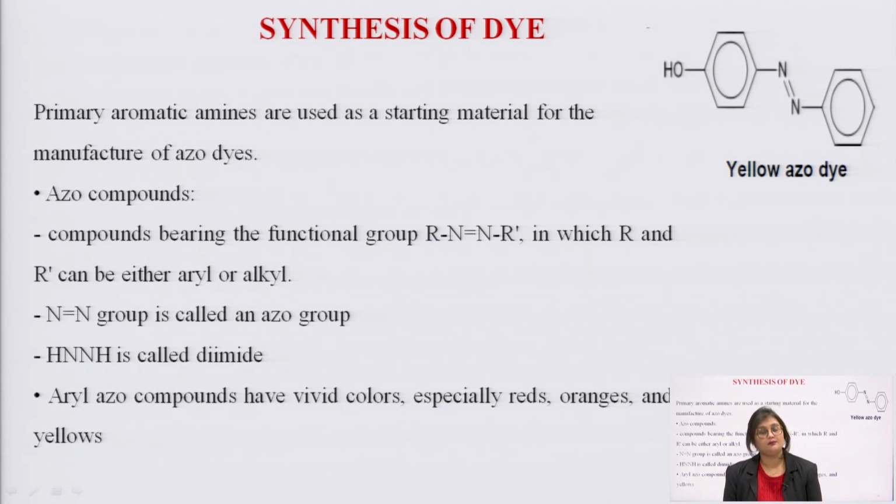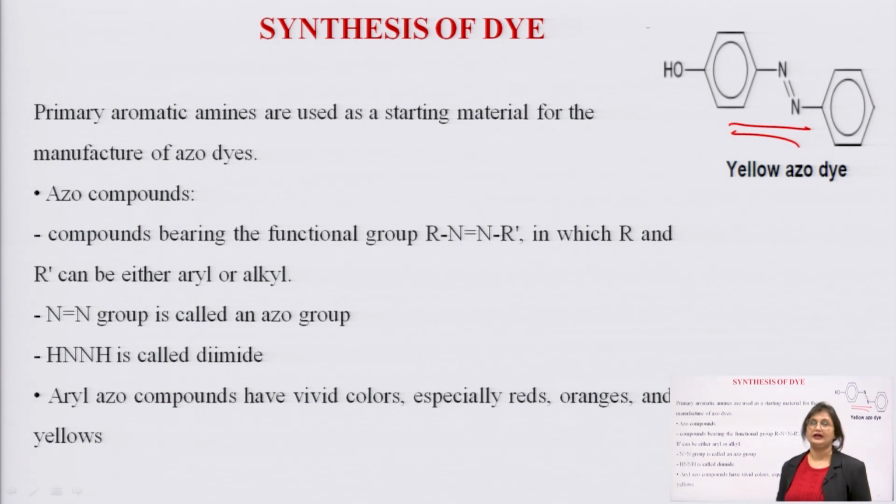Apart from producing nylon, amines are also used for synthesizing dyes. For example, yellow azo dye. This azo dye is produced by coupling of amines.